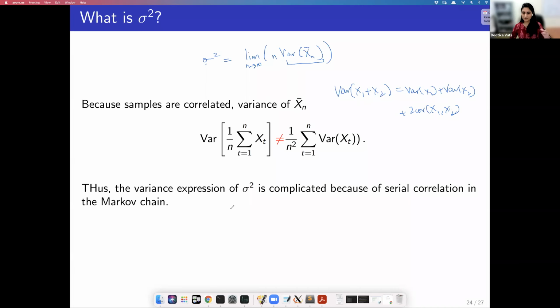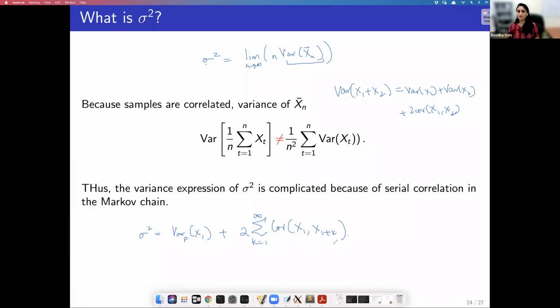After a sequence of steps, one can show that sigma squared is the variance under my target f plus 2 times the sum over k going from 1 to infinity of the covariance between x1 and x1 plus k.